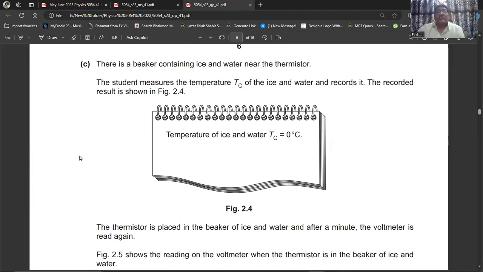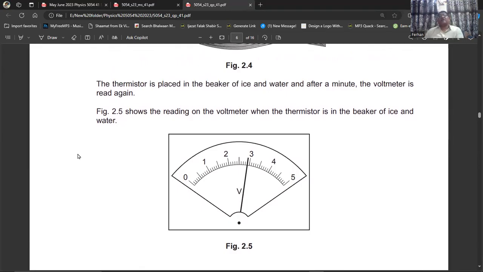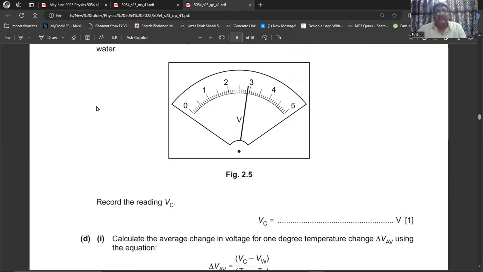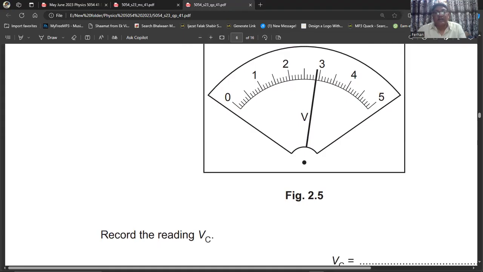The thermistor is placed in the beaker of ice and water, and after a minute, the voltmeter is read again. Figure 2.5 shows the reading on the voltmeter when the thermistor is in the beaker of ice and water. So record the reading Vc when the voltmeter is in that ice and water mixture.